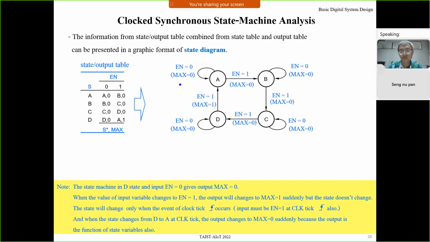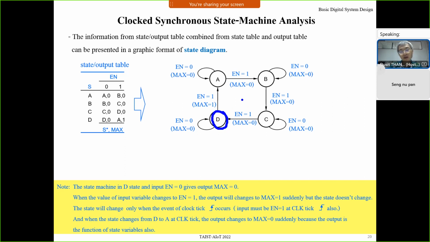So from this state diagram it's easy, right? If you know that now it's state A and the input is 1, then when the clock ticks it changes to state B. If it's on state B when the clock ticks and the input is 0, it stays on state B. When the clock ticks and the input changes to 1, it goes to state C. If the current state is C, when the clock ticks and input is 1, go to state D. You can know the next state immediately by looking at this state diagram.